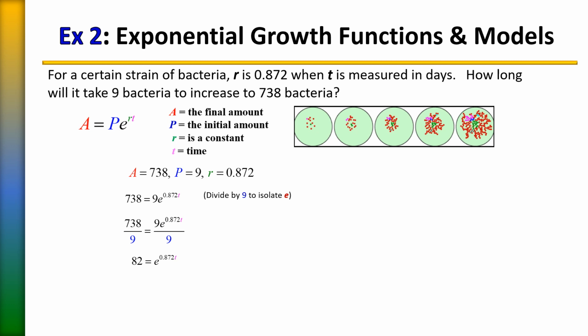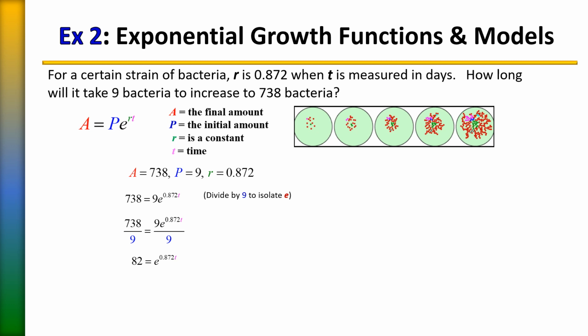What's our next step here? We want to get rid of the e. How do we get rid of the e? I'll give you a hint. Think of opposite operations to solve. Okay, so what will cancel that out is the natural log.